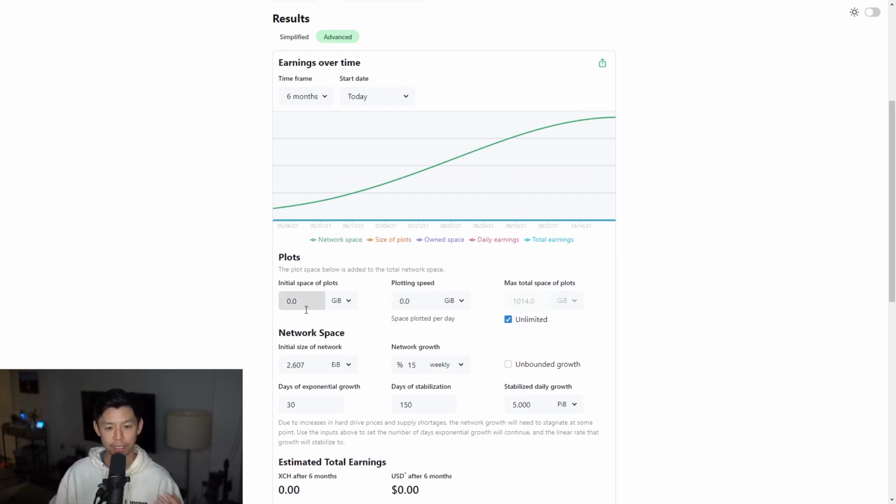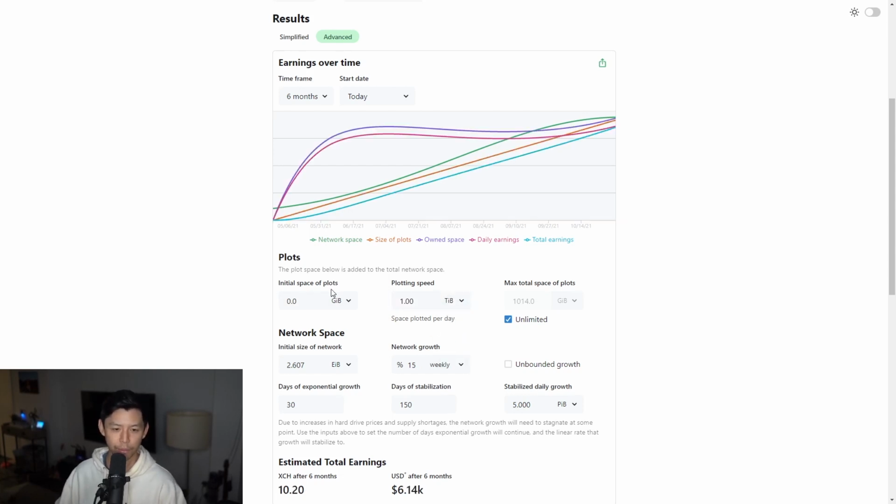This is a really interesting part. Let's say you spent $2,000 right now to build a plotting PC that does, let's say, 10 plots per day, which is about 1 terabyte.